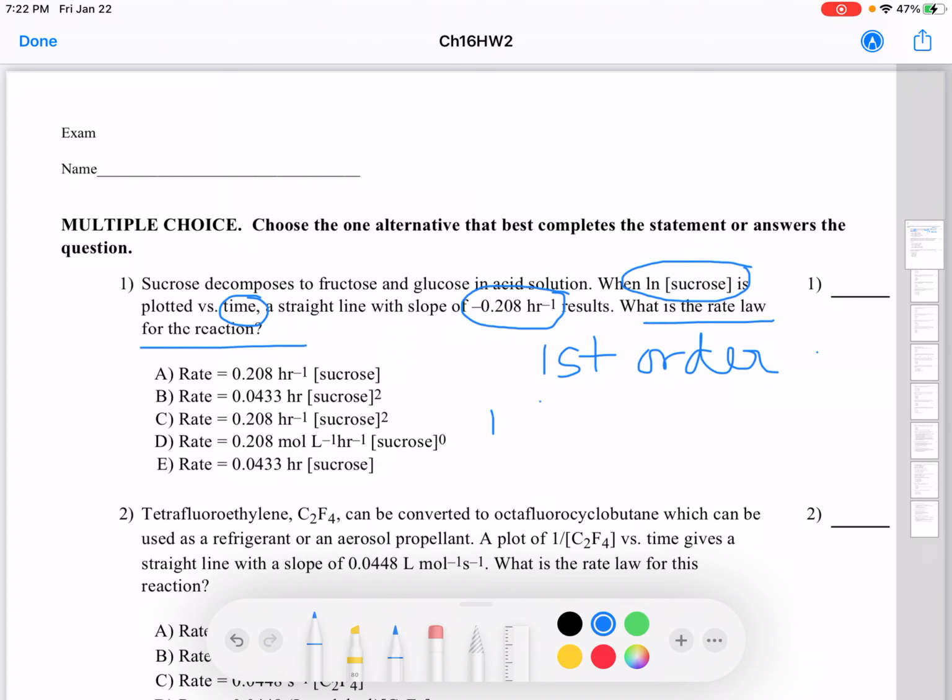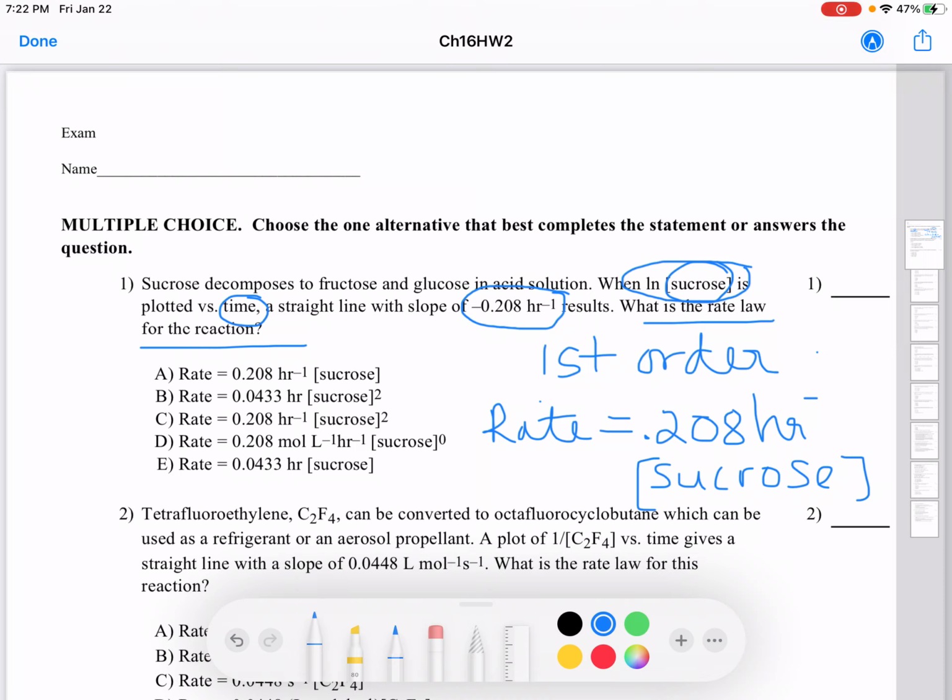The rate law then has to be rate equals the rate constant, given by the slope, 0.208 per hour, times sucrose, our reactant, first order, so just sucrose like that. So rate equals 0.208 per hour times sucrose is going to be your answer for this question.